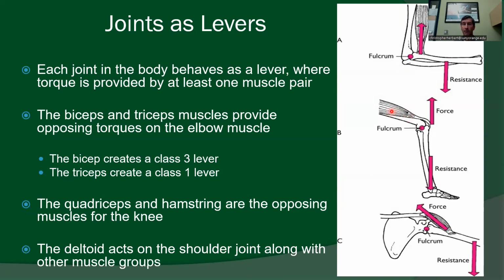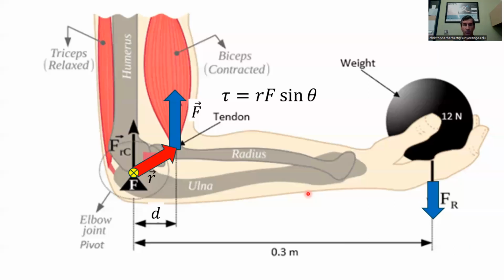For the knee joint, the quadriceps create extension. The hamstring creates flexion. And for the shoulder, the deltoid will cause the shoulder to extend, this joint right here, but then you have other muscle groups that cause it to close or to flex. You always have at least 2 muscle groups for each joint. Sometimes you have multiple muscle groups, but again, you have these muscle pairs.